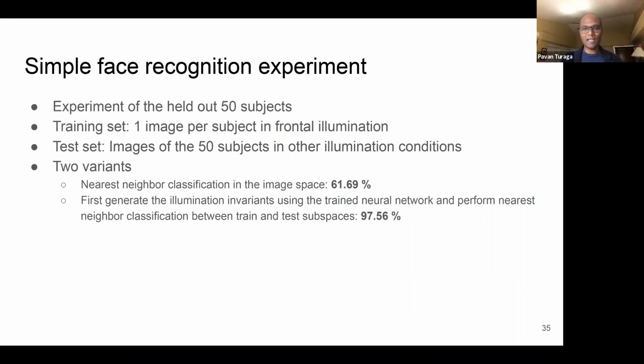Under some restricted data sets, like the one we just showed you, we were able to show that it does improve significantly if you learn the invariant and then do a recognition experiment with the invariant representation rather than the ambient representation. So that's a big jump, but we have not yet been able to find a good way to fuse it in contemporary face recognition pipelines. We are looking for ways to do that, but not yet.